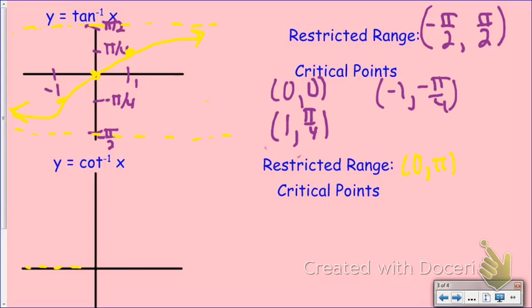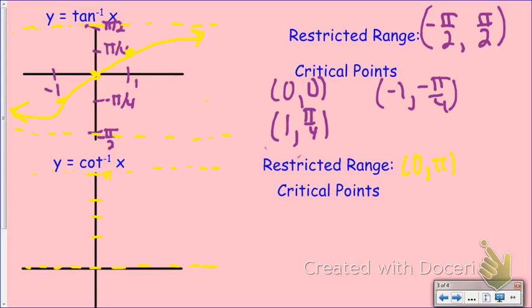So at 0, there's an asymptote, and at pi, there's an asymptote. So then just to fill in those points in between, I'm going to fill in those points.